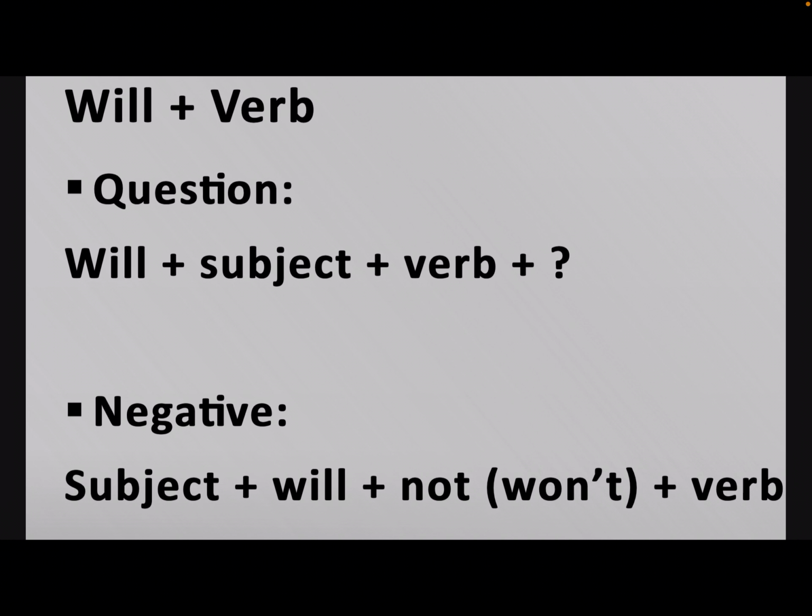Here we have will plus the verb. So how do we form it in a question? We have will plus subject plus the verb, and don't forget our question mark. In the negative, same thing as the affirmative, subject plus will plus not, which makes it won't, plus the verb. It's very easy. This tense is super easy.